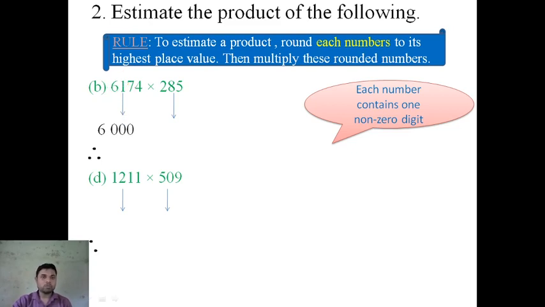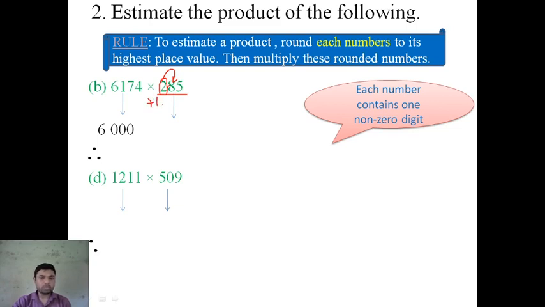Okay. Now, 285. What is the highest place? 2. Okay. So when we round 2, what is the number just right side of 2? 8. So is 8 less than 5 or more than 5? More than 5. So when it is 5 or more than 5, what will we do? We will add 1 to the rounding digit.